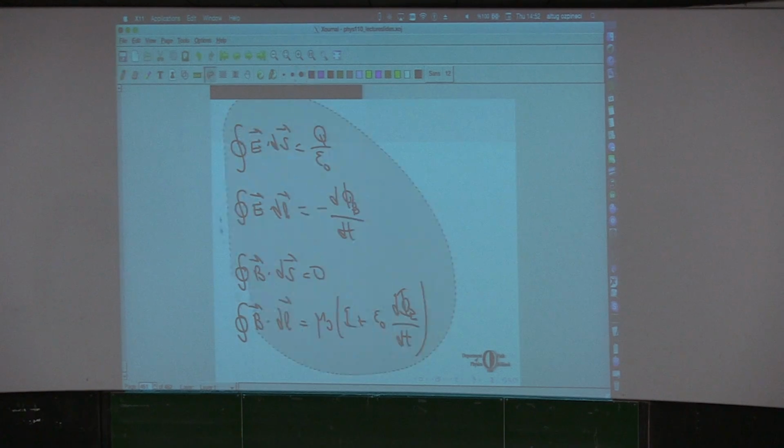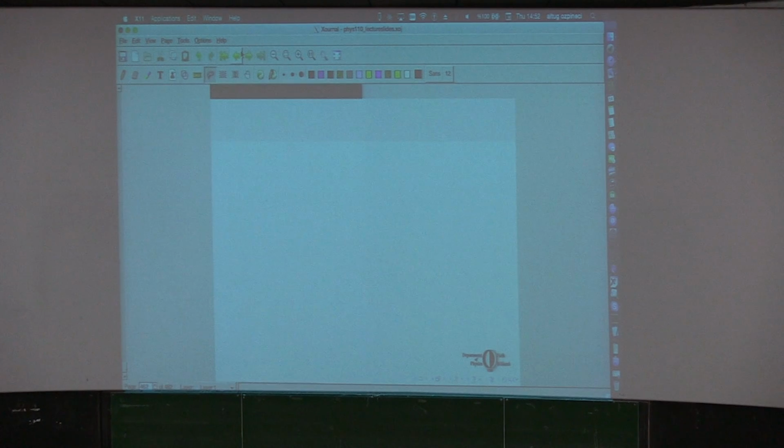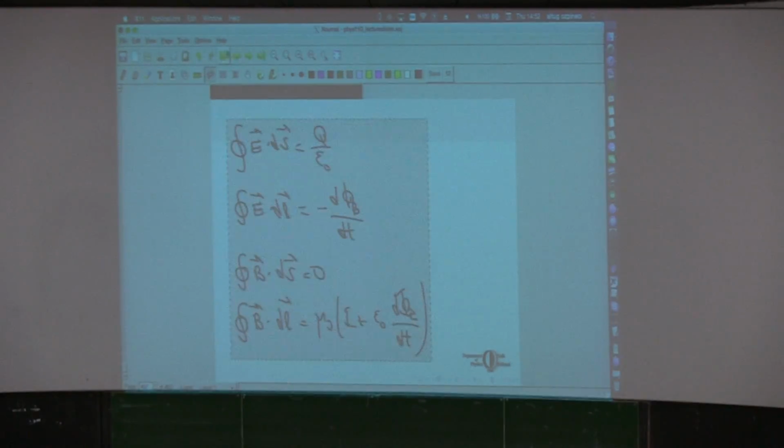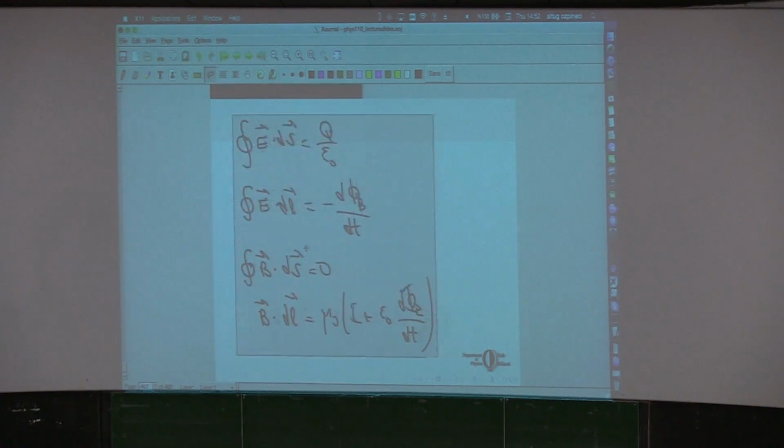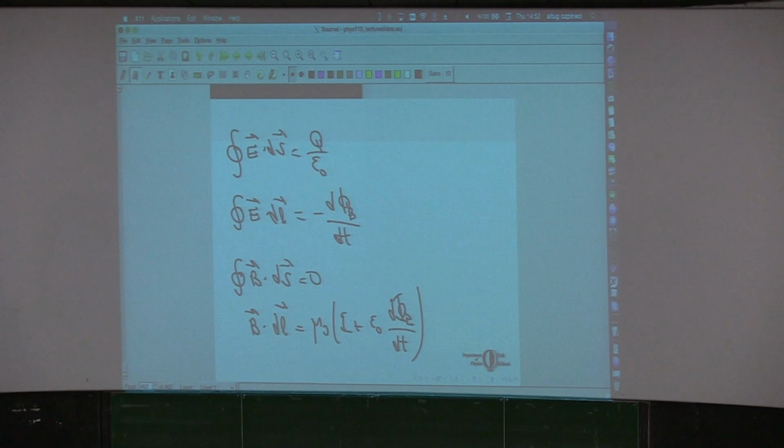So in vacuum, I have these equations, almost. Now in vacuum, this is 0, and this is 0.